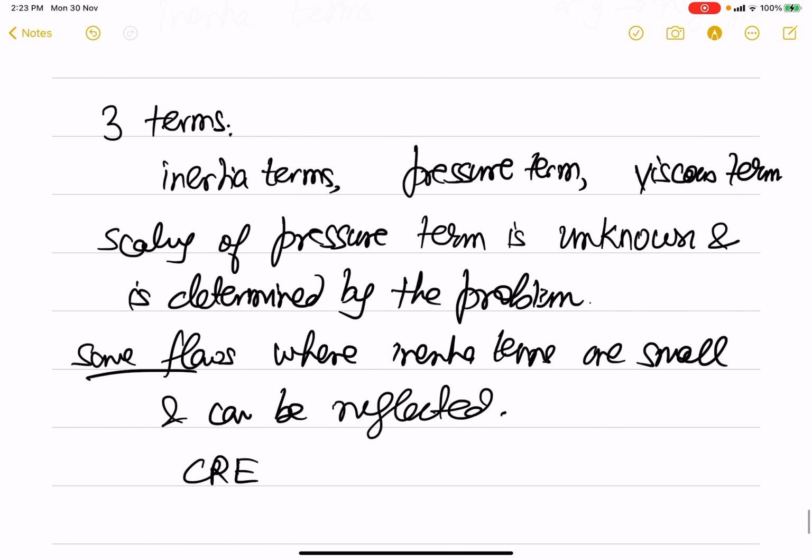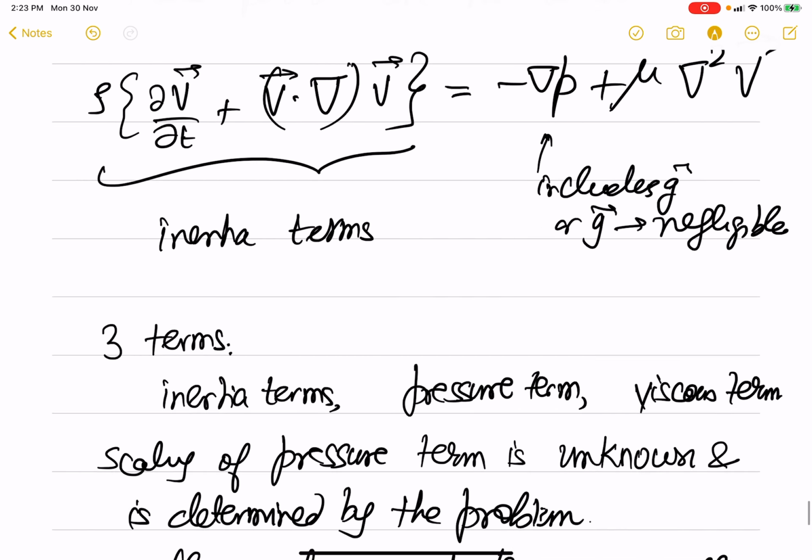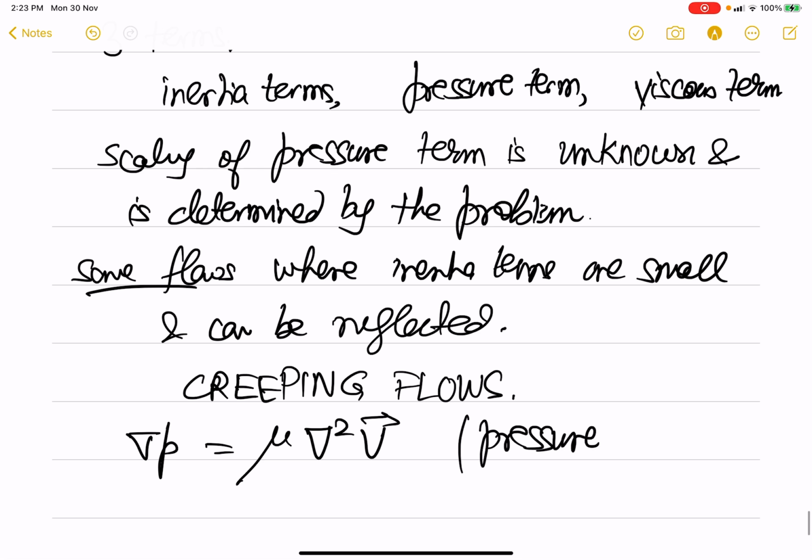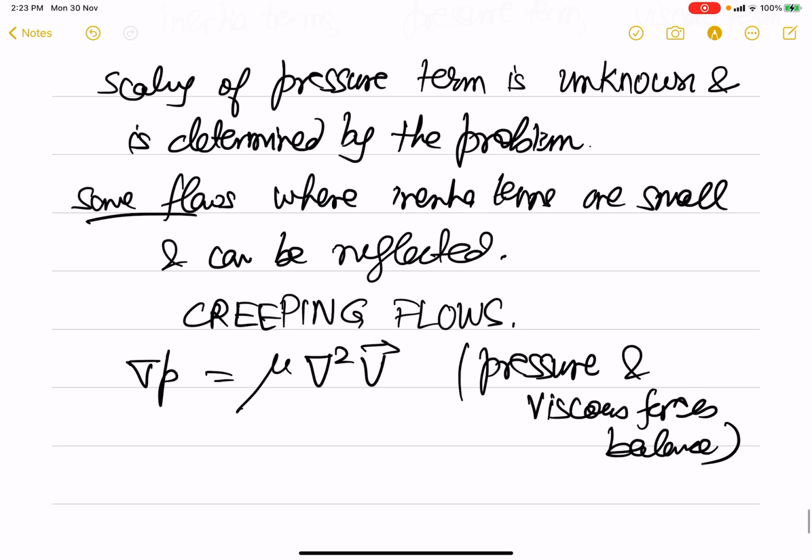These flows are called creeping flows. And in these flows what we have is grad P is equal to mu times del square V. Pressure and viscous forces balance. And this we have seen even in the exact solution. This happens many times.